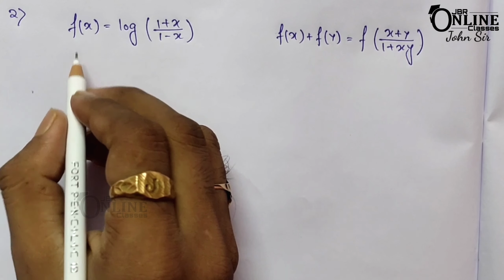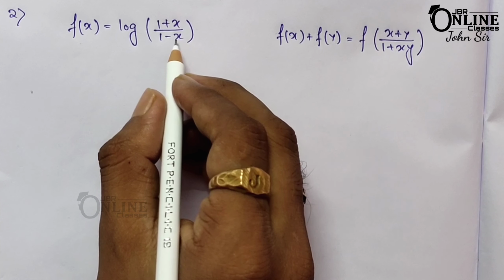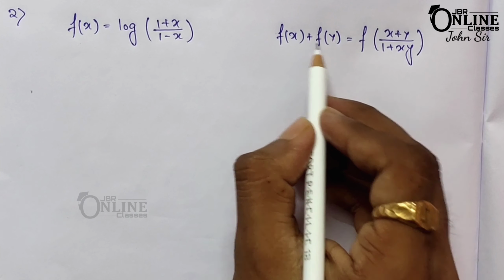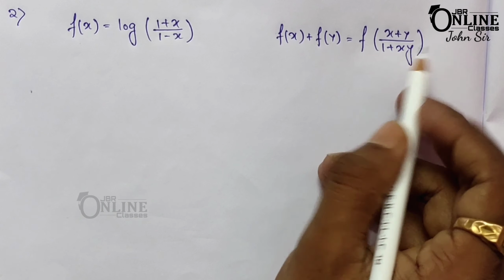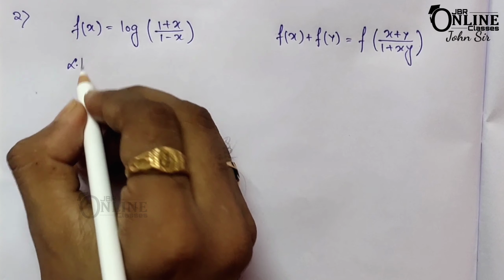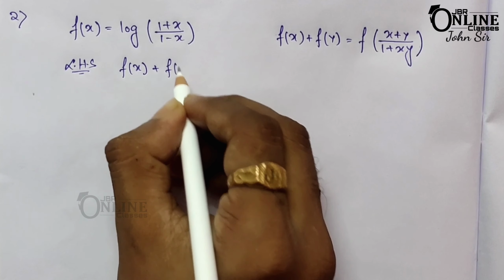Now sum number 2, if f(x) equals log of (1 plus x) by (1 minus x), then show that f(x) plus f(y) equals f of (x plus y) by (1 plus xy). So that means in the left hand side, you have f(x) plus f(y).